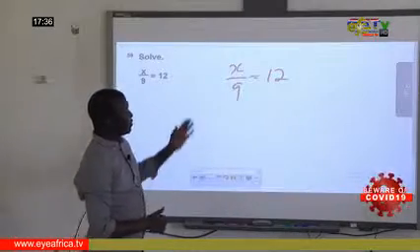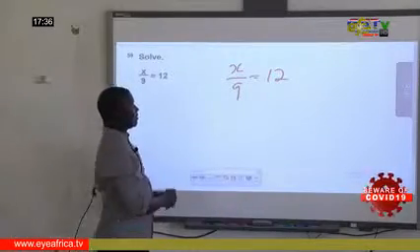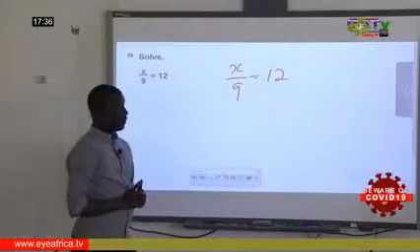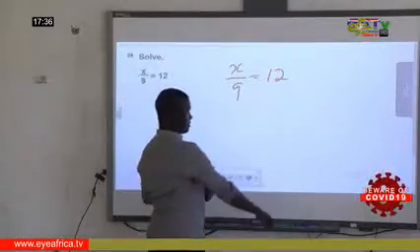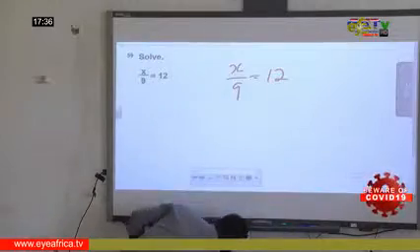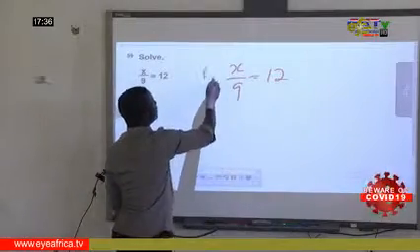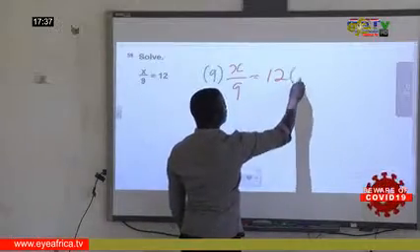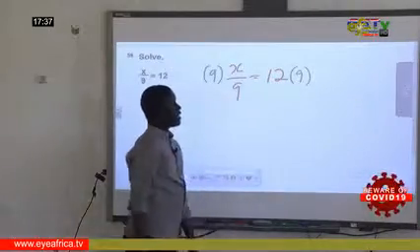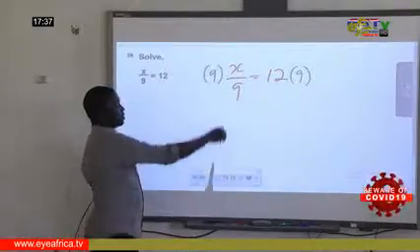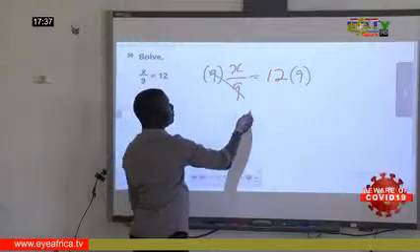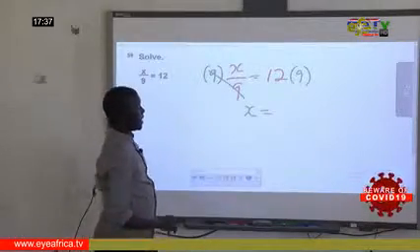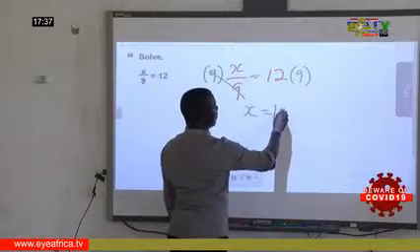So all we need to do is multiply both sides by 9. That will help us to isolate our variable, which is x. And therefore, this would be 9 times x over 9 equals 12 times 9 as well. So this cancels out. We have x equals 12 times 9, which is 108.